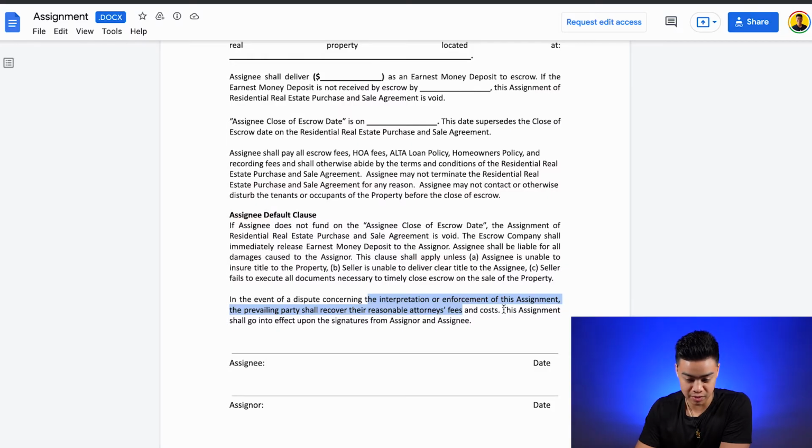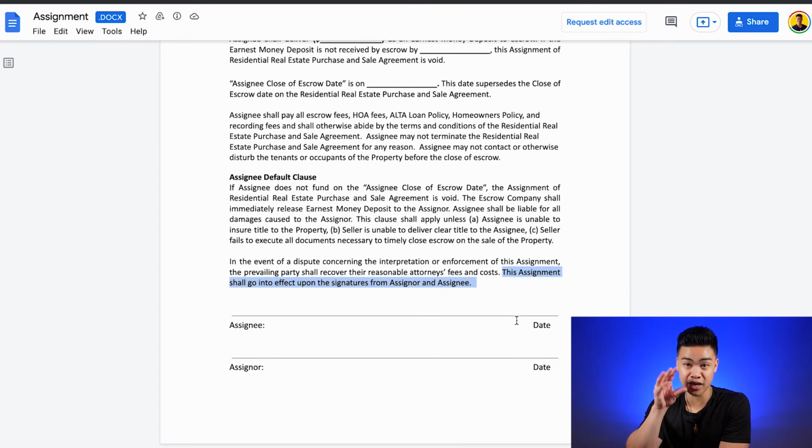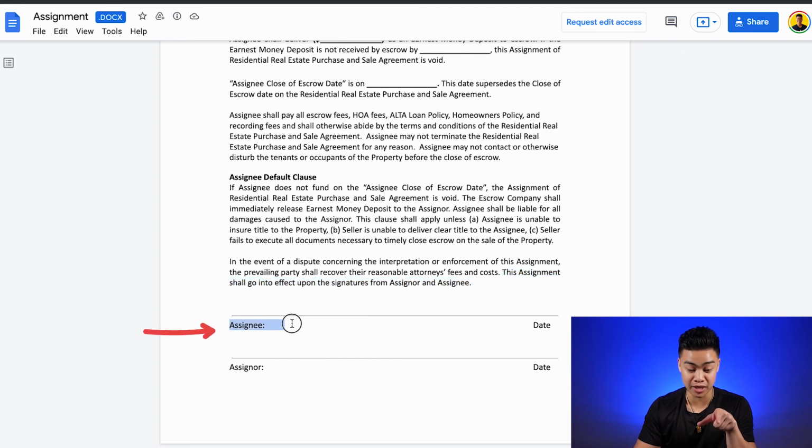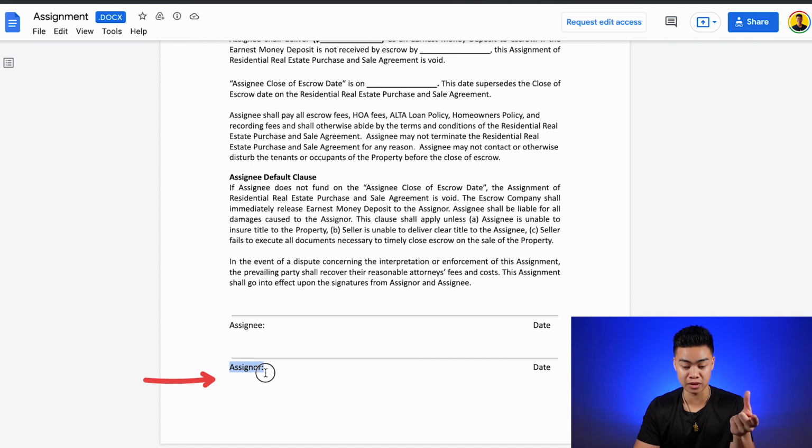So it also says that if everyone agrees, this assignment goes into effect and is legally valid once both parties sign. So once the assignee or the end buyer signs, and once the assignor, also known as you, the wholesaler, once you sign. So that is the assignment contract outlined line by line so that you can fully understand it and be prepared for your first wholesale deal.